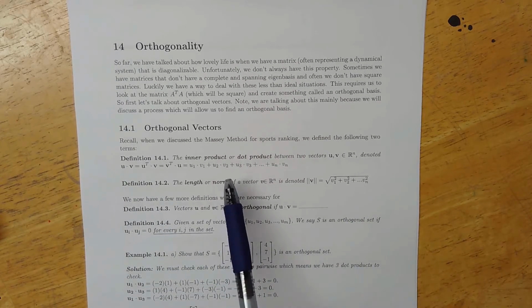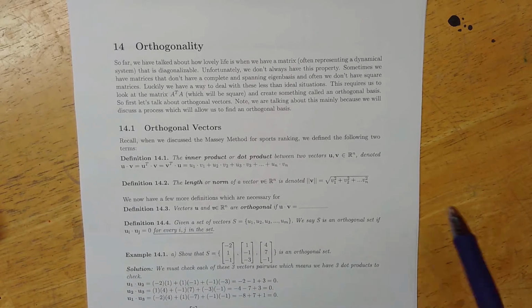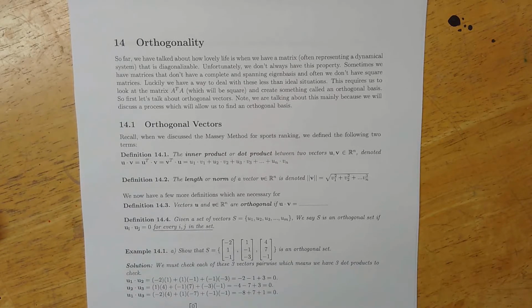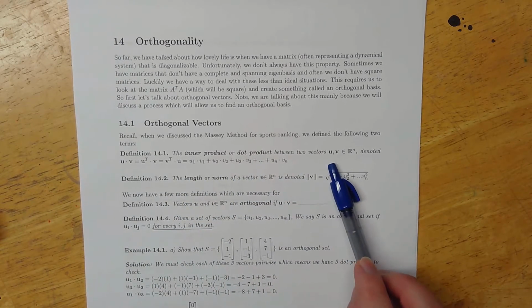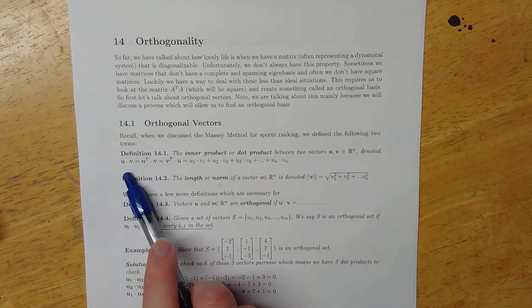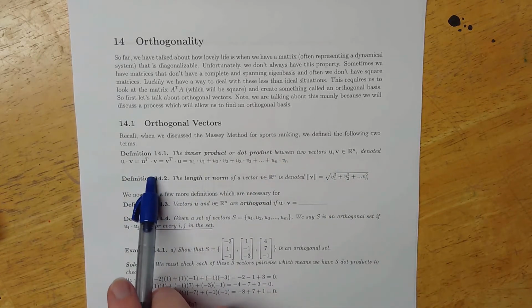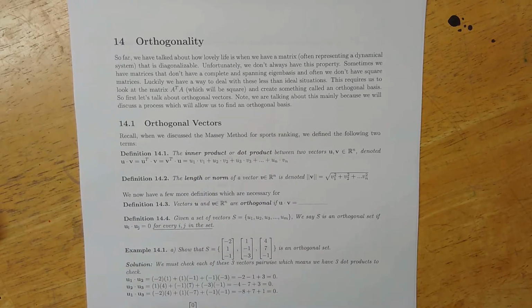Before we discussed our least squares sports ranking stuff with the Massey method, we had two terms that we used. We're going to need to remember these for what we're doing today. The first term is the inner product or dot product. The inner product between two vectors, u and v, denoted u dot v, is equal to the sum of the products of the entries.